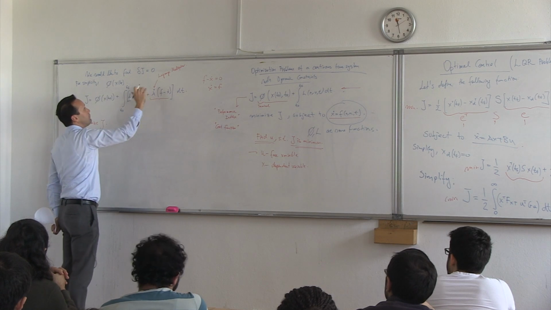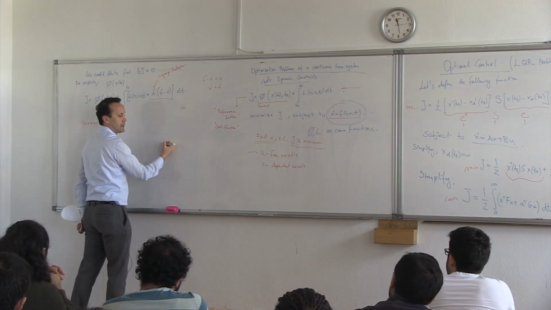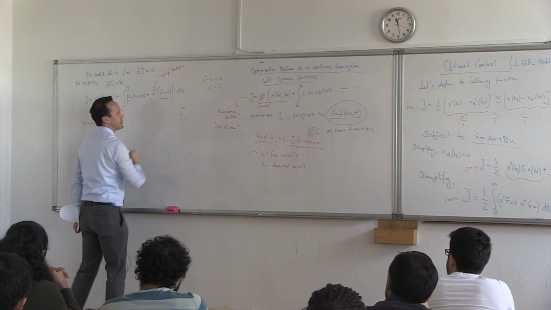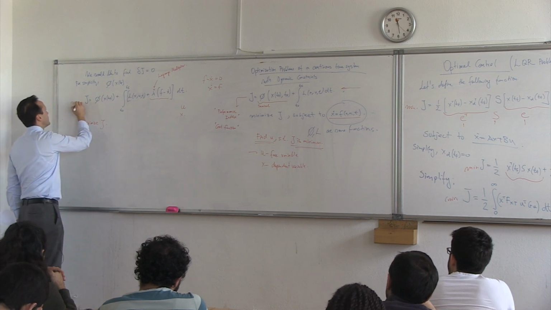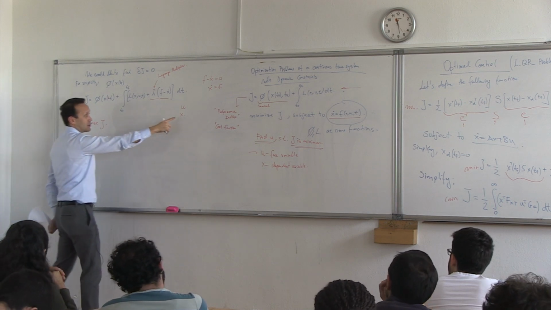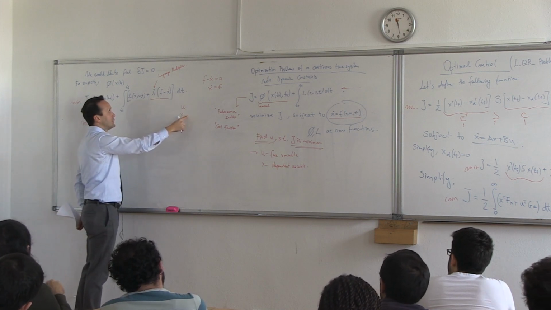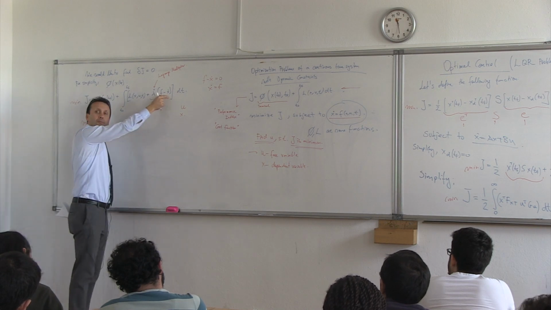The problem is trying to find u. But x is the dependent variable, so it will try to minimize j in such a way that x is small. It will try to find u such that x is small. At the same time, in order to make this one small, this part should be small as well.